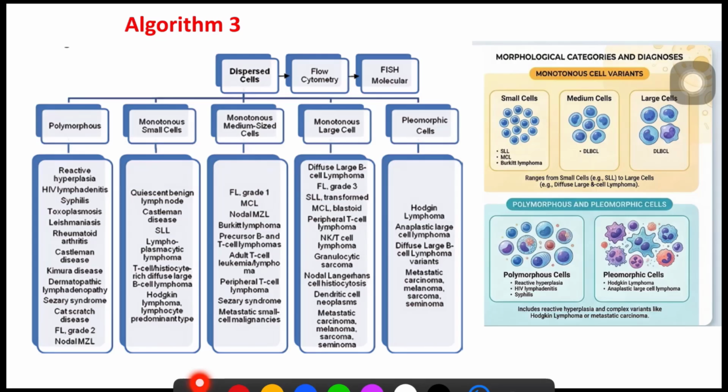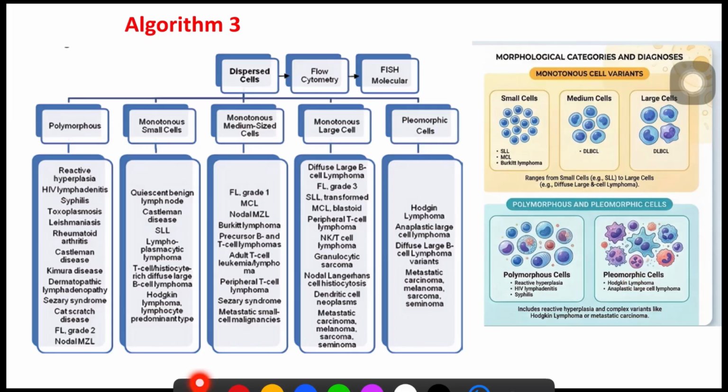Now, in pleomorphic cells, as we have seen already, like Reed-Sternberg cells or anaplastic large cell lymphoma show pleomorphic large cells, or diffuse large B-cell lymphoma or some metastatic carcinoma or sarcoma, right? So, in polymorphous and pleomorphic cells where this type of appearance is there, here you will find malignancy.